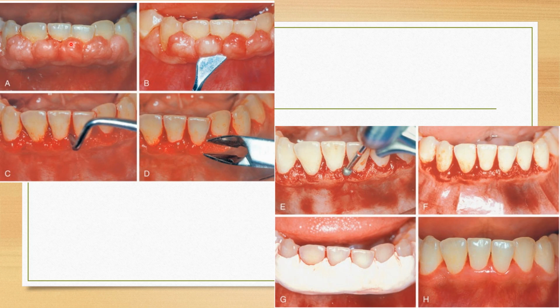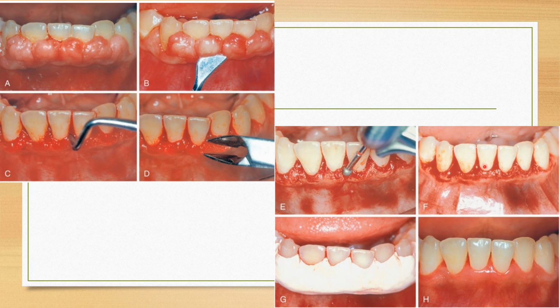You can see that this is the enlargement. There is a grade 3 enlargement, at least covering more than three-fourths of the tooth surface. Using the Kirkland knife, Orban knife and tissue nippers for removing the tissue tags, and rotary burr stones have been used for shaping it, that is recontouring the surface.